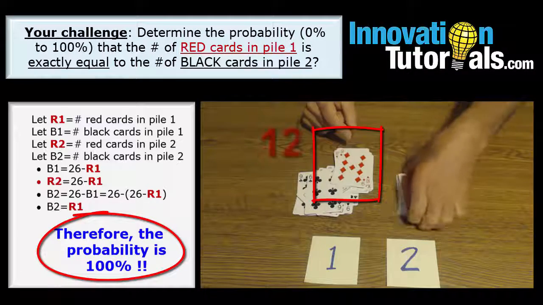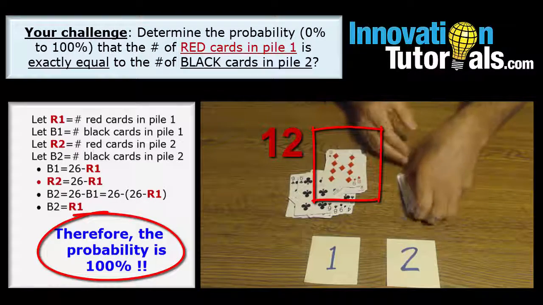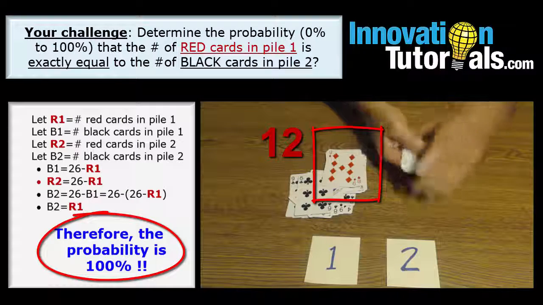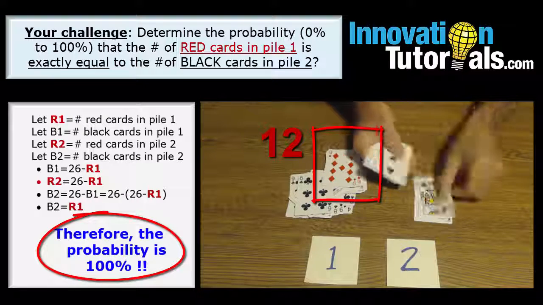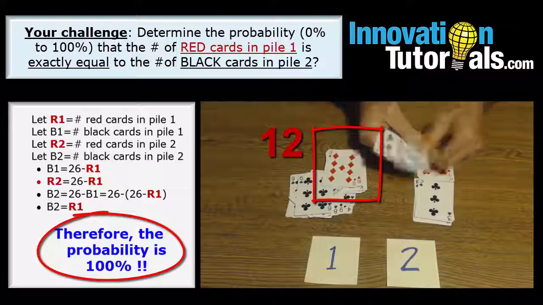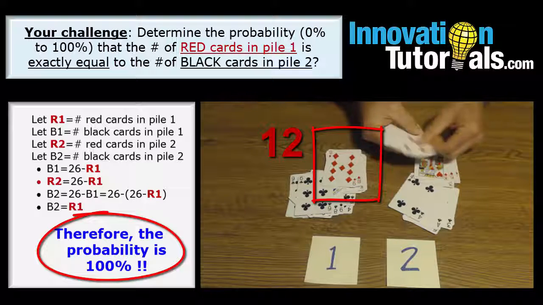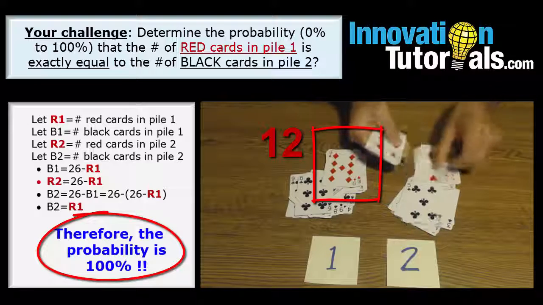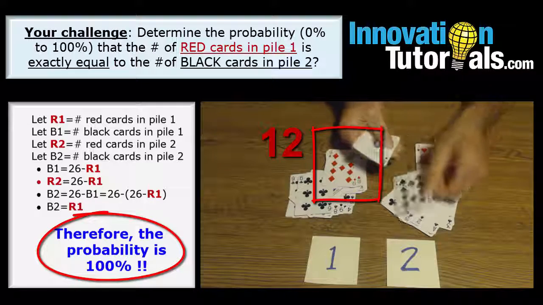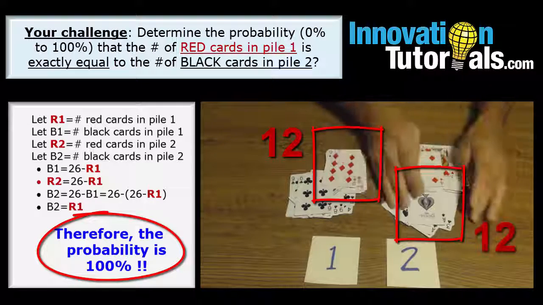Okay, so now the question is, are there 12 black cards in pile 2? Boy, there better be. 1, 2, 3, 4, 5, 6, 7, 8, 9, 10, 11, 12. So there you go.